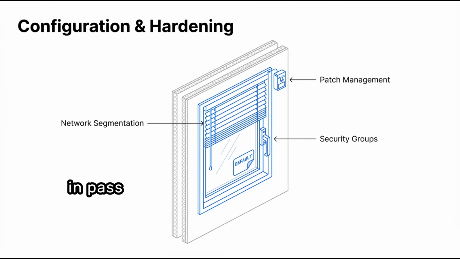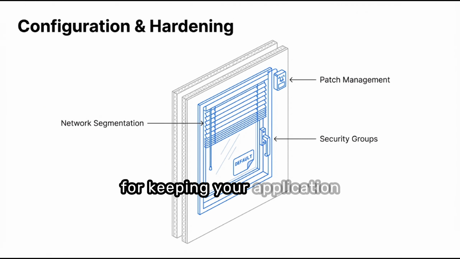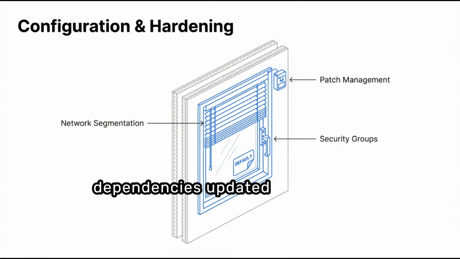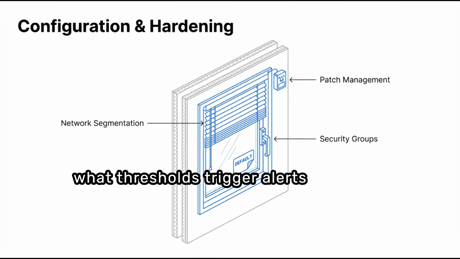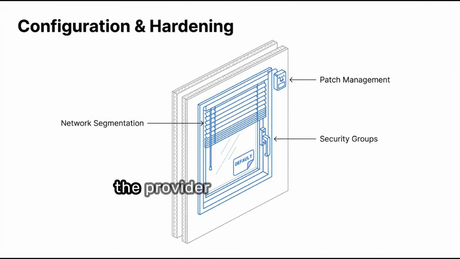In PaaS, the provider patches the platform, but you're still responsible for keeping your application dependencies updated. Even in SaaS, you're often responsible for updating integrations and add-ons, and monitoring and alerting configuration is entirely yours. What metrics do you track? What thresholds trigger alerts? Who gets notified? The provider collects the data, but you define what's important and what requires action.